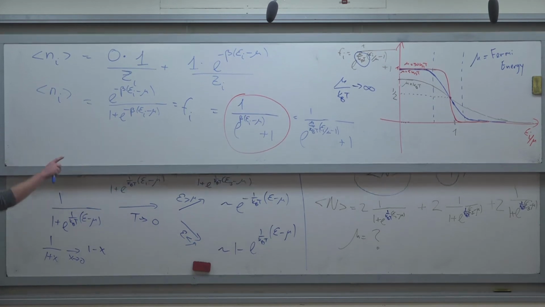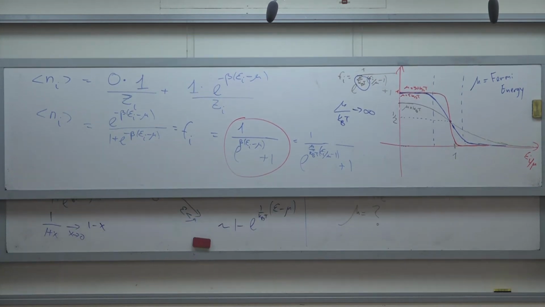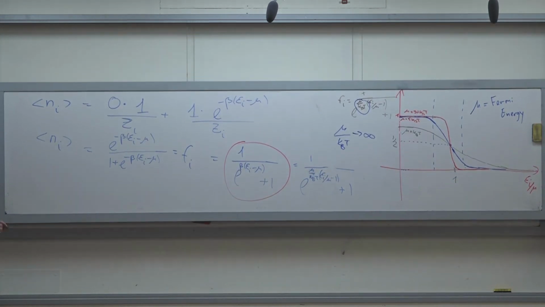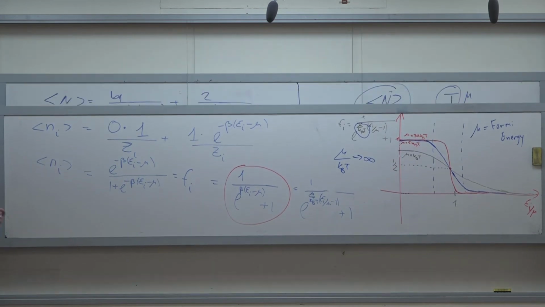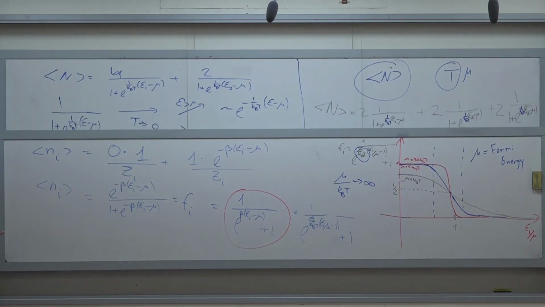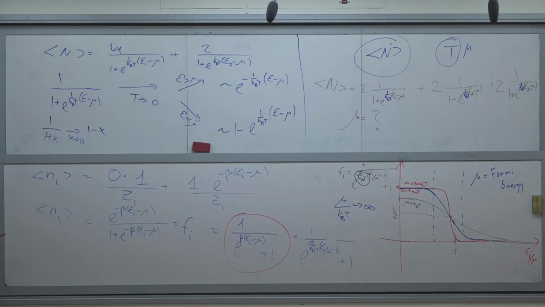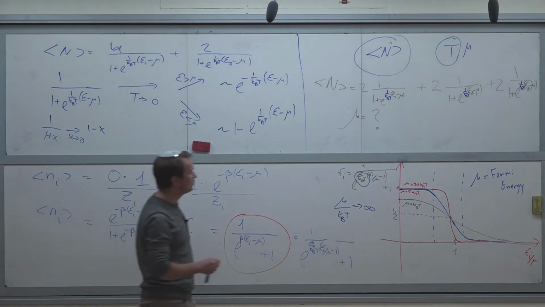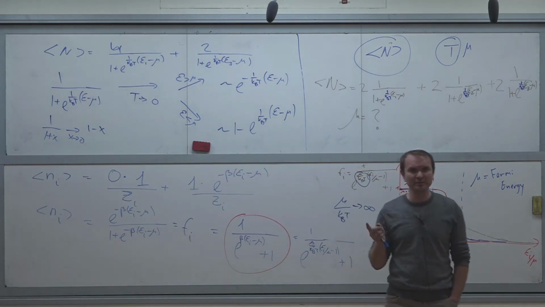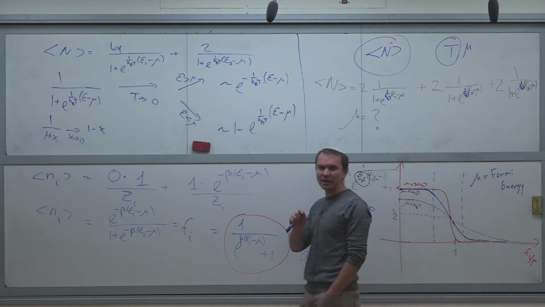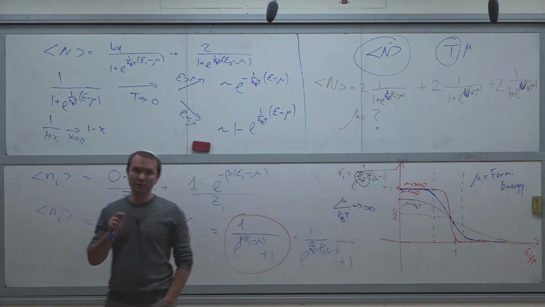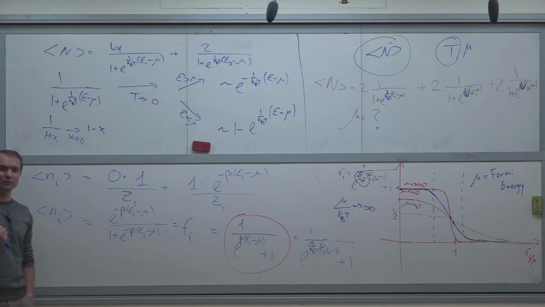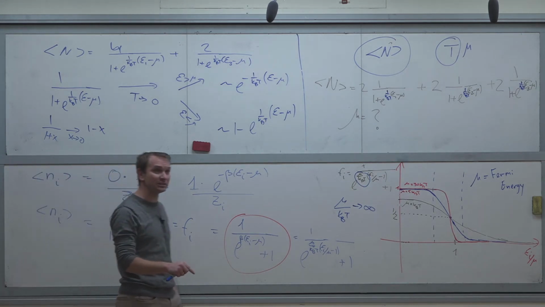Remember this plot over there. If the temperature is very, very low, and we have only two energies, epsilon 1 and epsilon 3, which state is going to be occupied? Epsilon 1 should be occupied because it has a smaller energy.